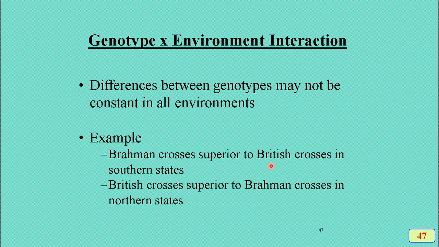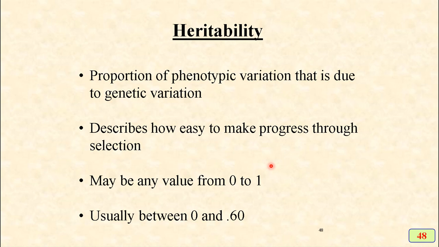For example, Brahman crosses are superior to British crosses in the southern states, whereas British crosses are superior to Brahman in other states, the northern states. So heritability is the proportion of phenotypic variation that is due to genetic variation.